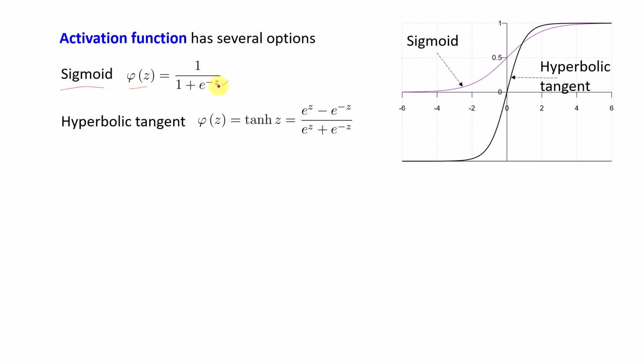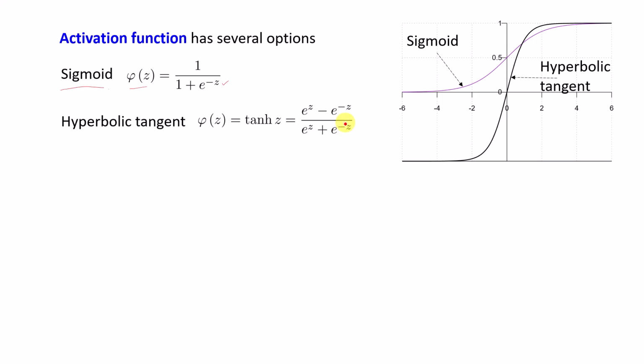On the other hand, if z takes a very large negative value, then e to the power minus z will take a very large value. That means 1 by a very large value. So as z tends to negative infinity, this sigmoid will go to 1 by a very large value. That means it will go towards 0. So always this function stays between 0 and 1.